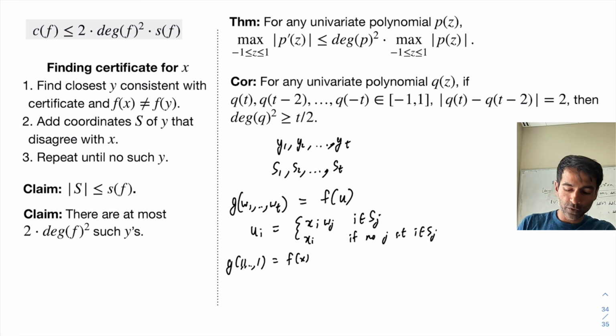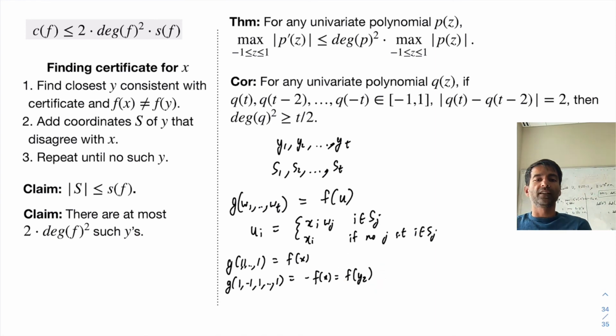But if you flip any of the inputs to -1, that's equal to minus f of x, because in this case, it's equal to f of y2. Because when you flip this to -1, that corresponds to flipping the coordinates of the second certificate here, the second set here. And that will give you exactly y2.